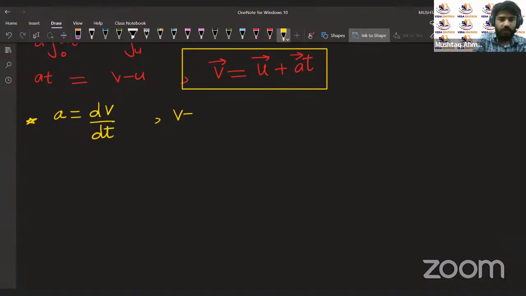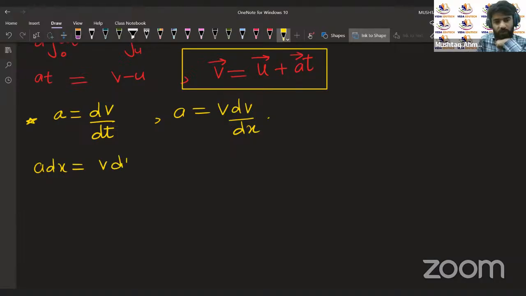We can also write acceleration as v dv over dx. Let's integrate this. So it will be a dx equal to v dv.